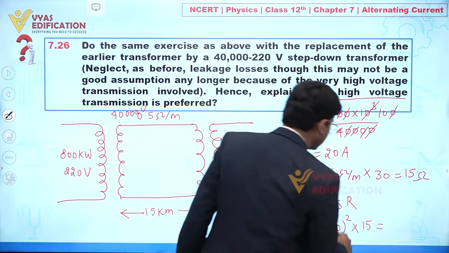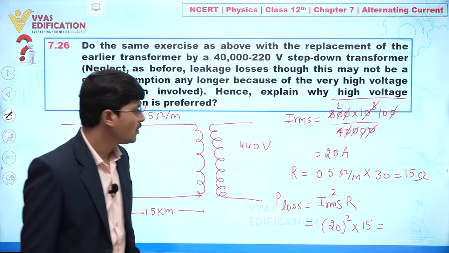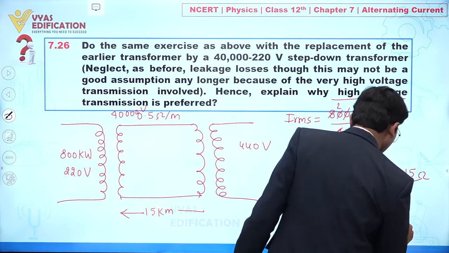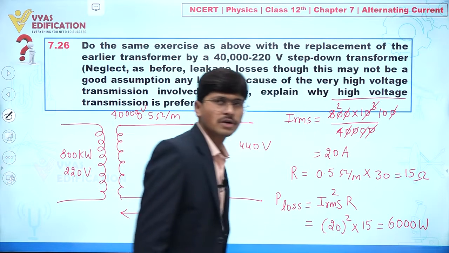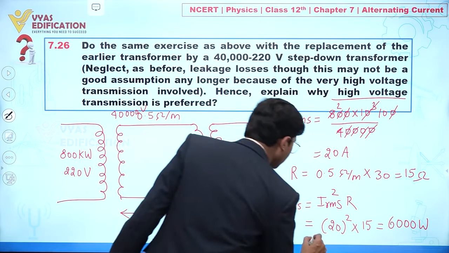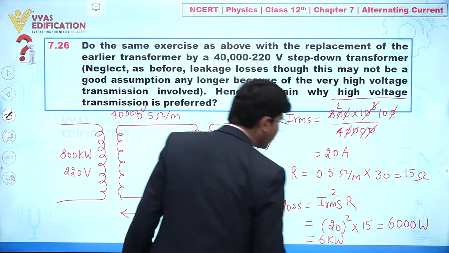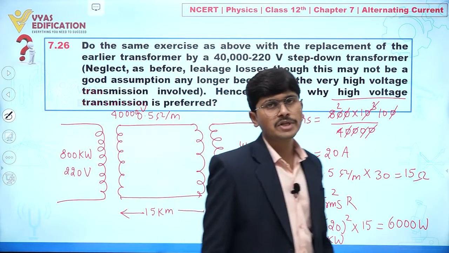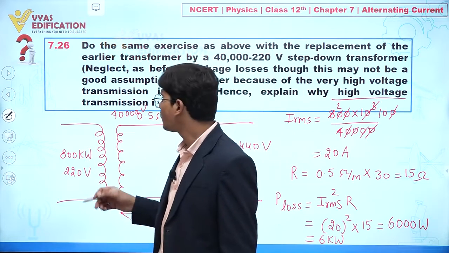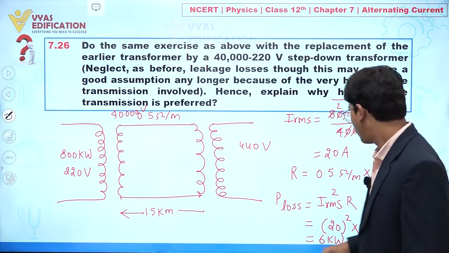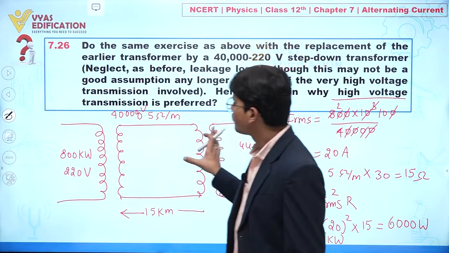So this is 400 multiplied by 15, which is 6000 watt, or 6 kilowatt. It means if we send this current at 40,000 volt, there is a loss of only 6 kilowatt in this transmission.